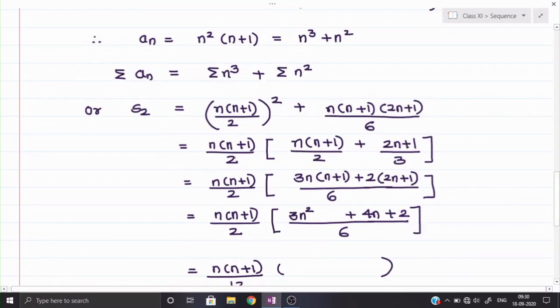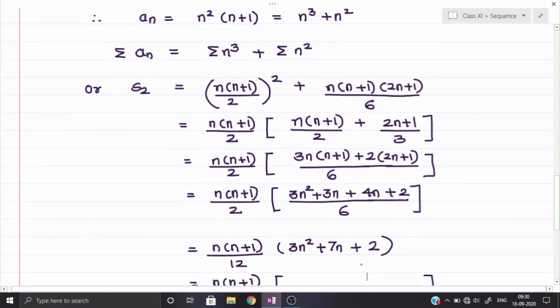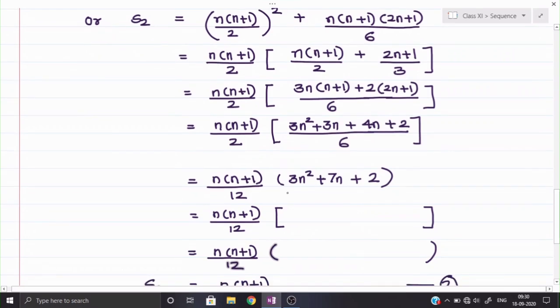See here, the multiplication 3n square plus 3n will come. So this will become 3n square plus 7n plus 2. So multiplication should be 6 and addition should be 7.